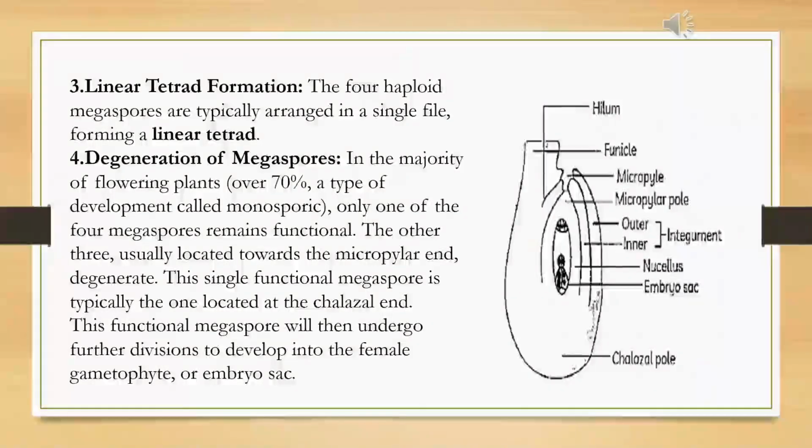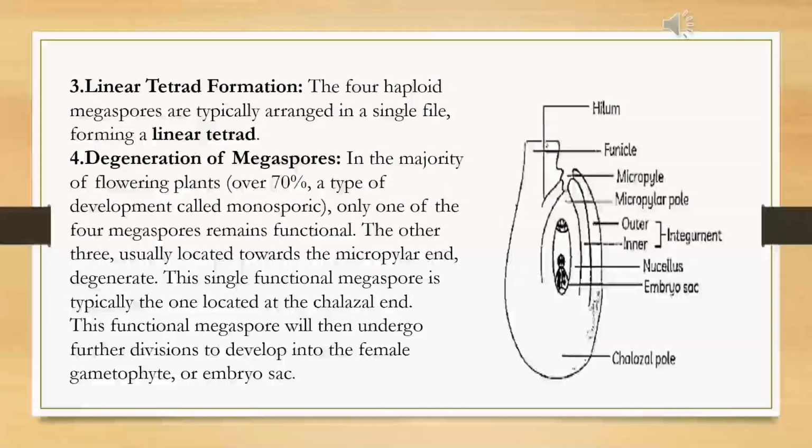The fourth one is degeneration of megaspores. In the majority of flowering plants, over 70%, a type of development called monosporic, only one of the four megaspores remains functional.